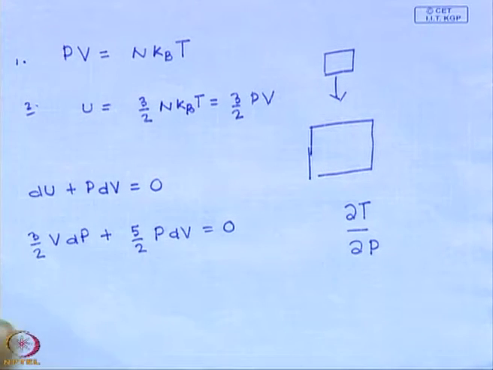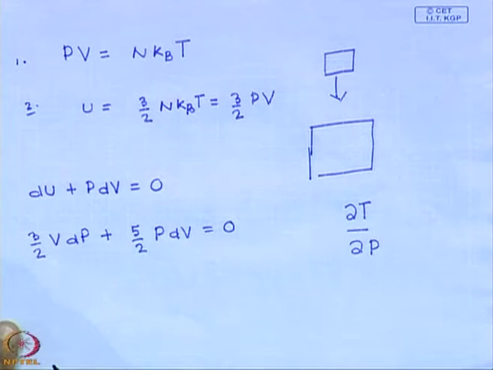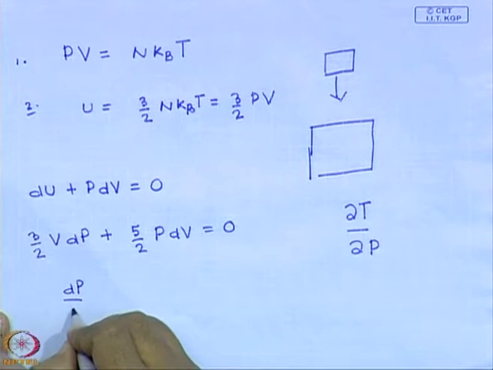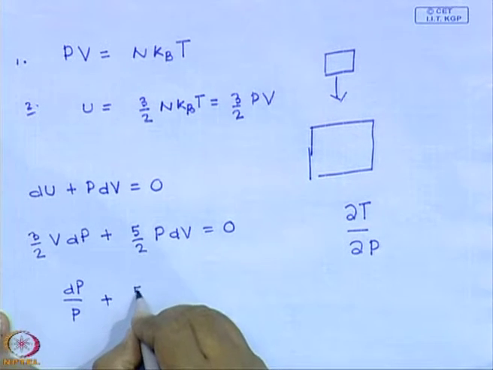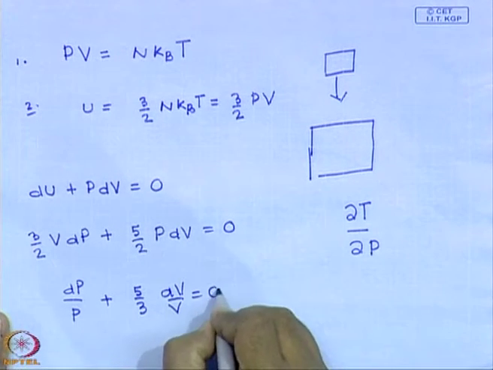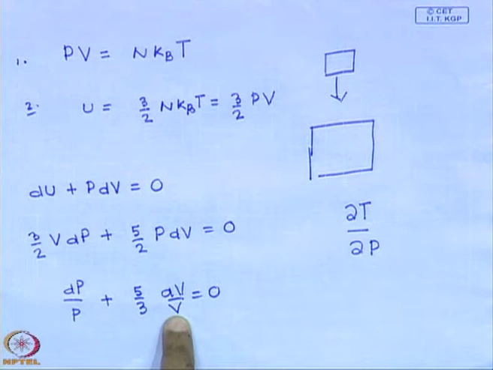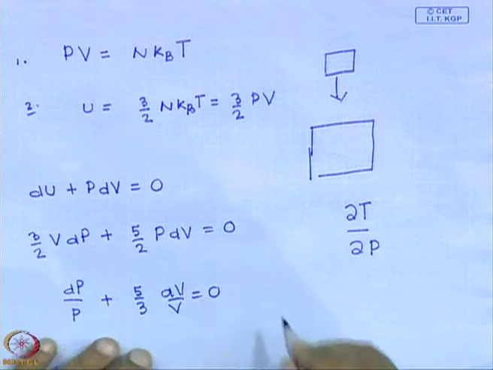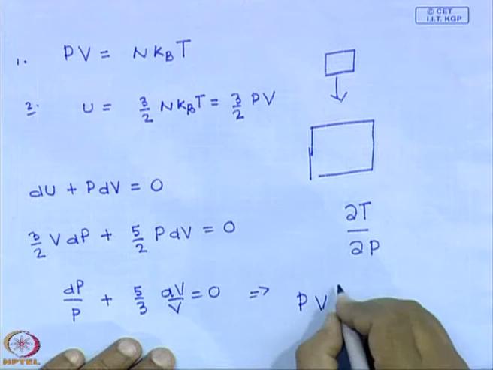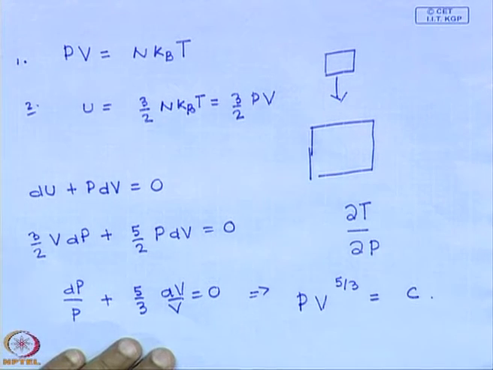Here we can divide throughout by PV, and what we get is dP/P plus 5/3 dV/V is equal to 0, and this we know is log P, this is log V. So, what this tells us is that PV to the power 5/3 is a constant.